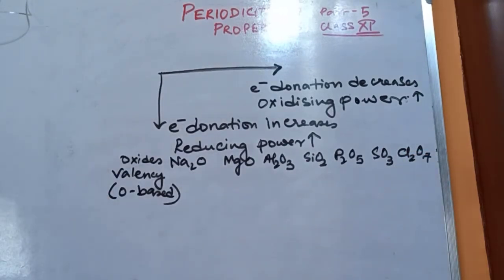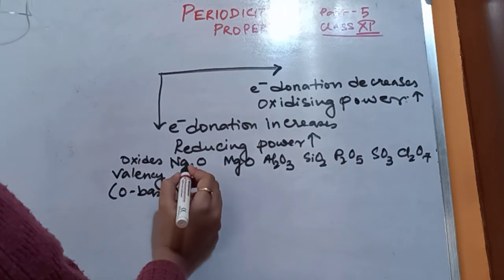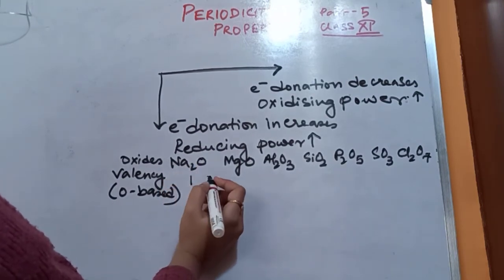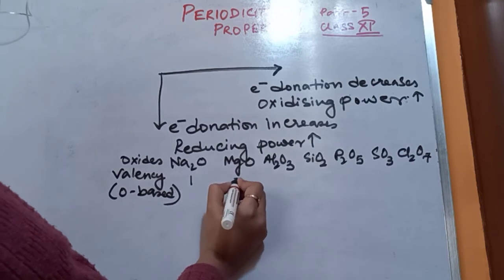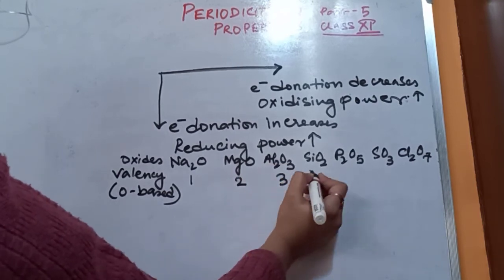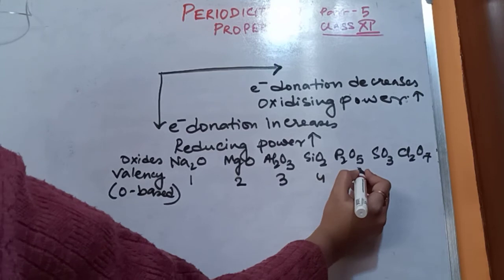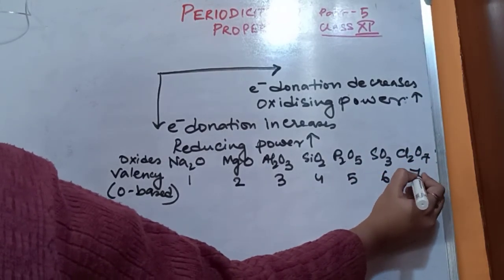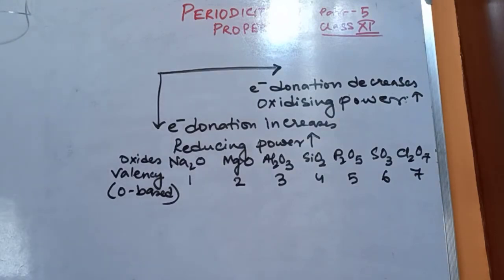Here for sodium the valency is 1, for magnesium 2, aluminium 3, silicon 4, phosphorus 5, sulfur 6 and chlorine 7.